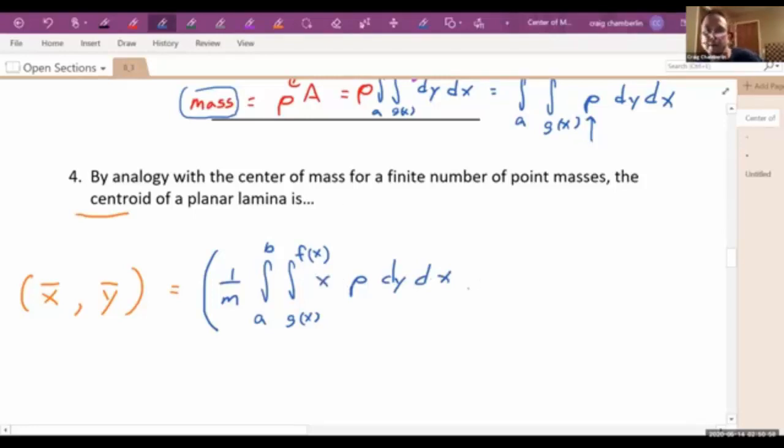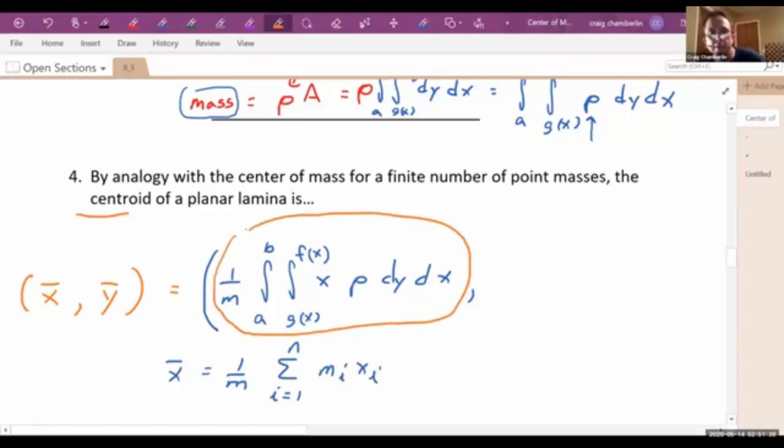I know you don't see it yet, but that is, in analogy, what we had. So for the finite number of point masses, we had 1 over m times the sum, i equals 1 to n, m sub i, x sub i, remember that? That's what this is kind of emulating.